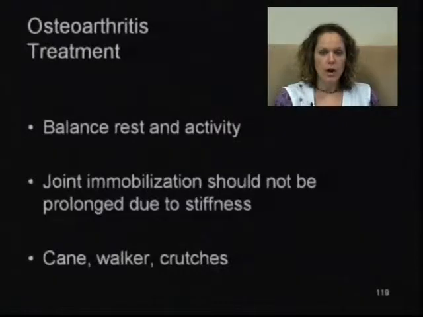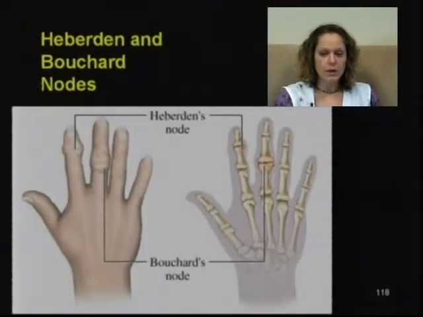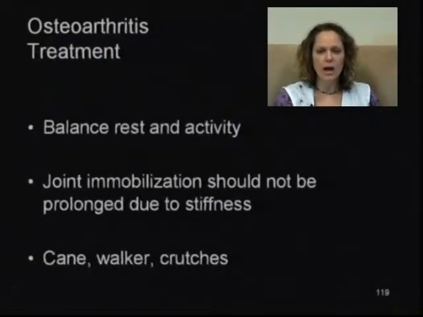And so what do we want to do to help these folks? They refer to actually the Heberden's nodes as being more distal, and the Bouchard's nodes as being more proximal to the wrist.